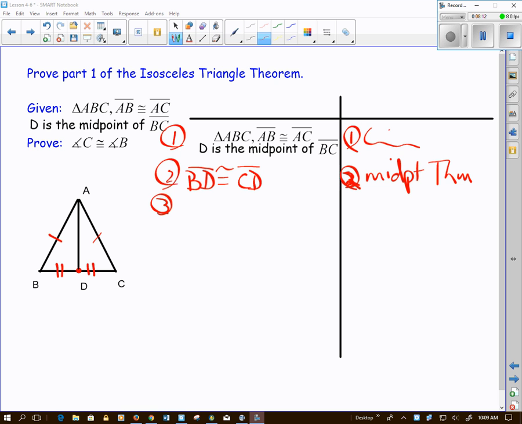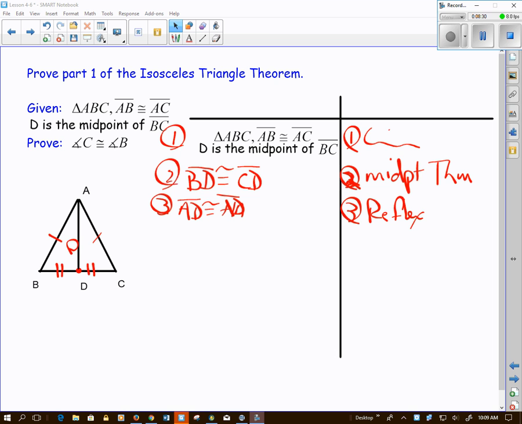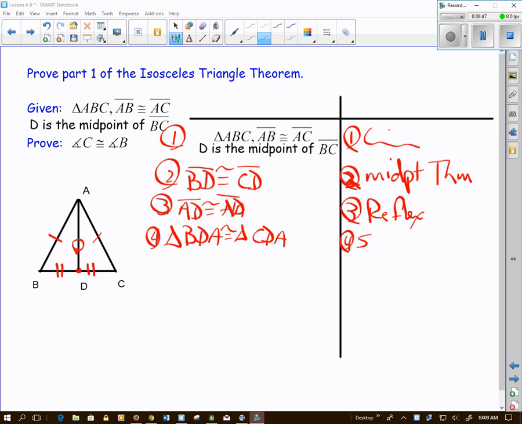And then we see that segment AD is congruent to itself, AD, by the reflexive property. And so we have the two triangles congruent. Triangle BDA is congruent to triangle CDA by side, side, side.